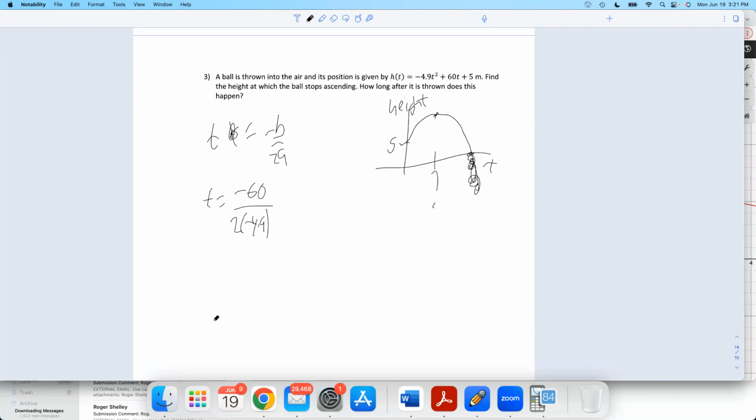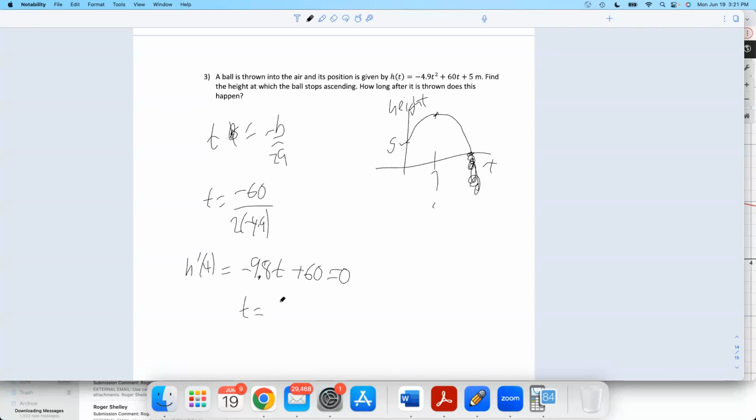And we could plug that in our calculator. Or we could do this using calculus. That's the class we're taking, right? H prime, the derivative, will be negative 9.8 t plus 60. Set that equal to 0.